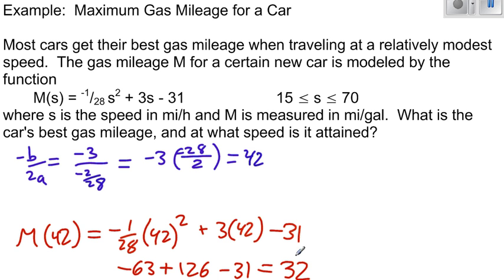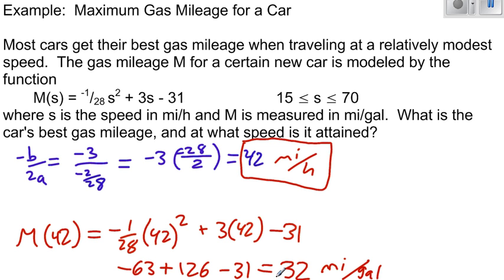So the best gas mileage is 32 miles per gallon. So 42 miles per hour is the speed at which best gas mileage is attained, and 32 miles per gallon is the best gas mileage.